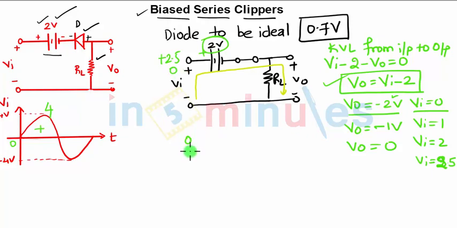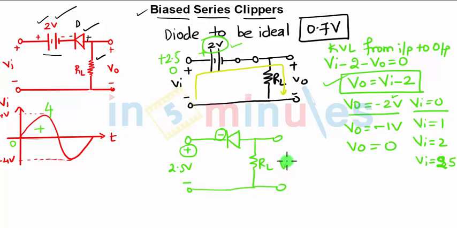So what you will have is plus minus 2.5 volts over here, and this positive is now applied to the diode because we are overcoming this 2 volts, so the battery is not shown. Now the positive of the voltage source is applied to the negative of the diode, and you have the load resistance RL and the output voltage VO.